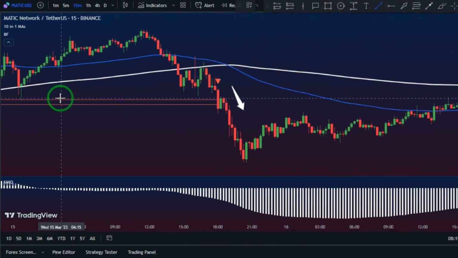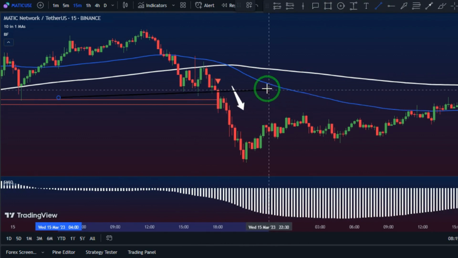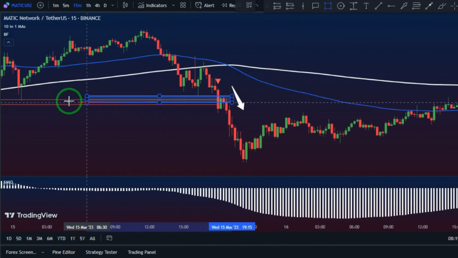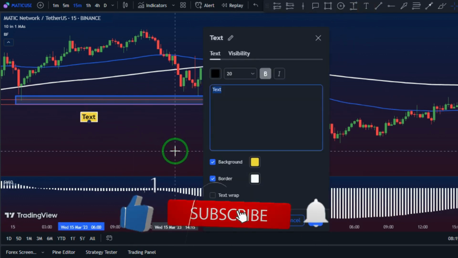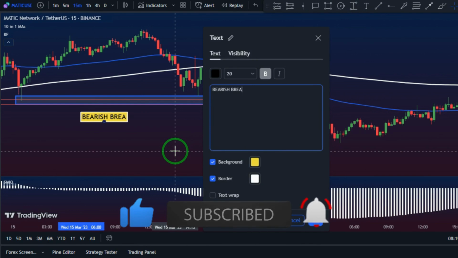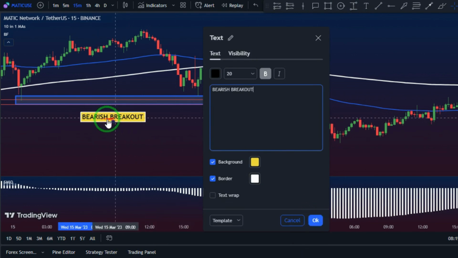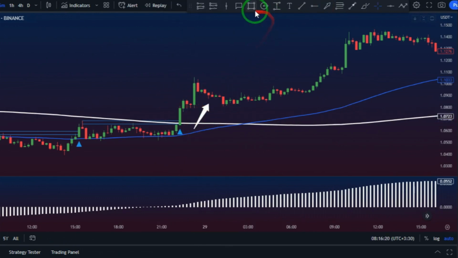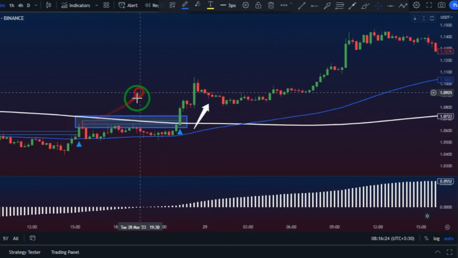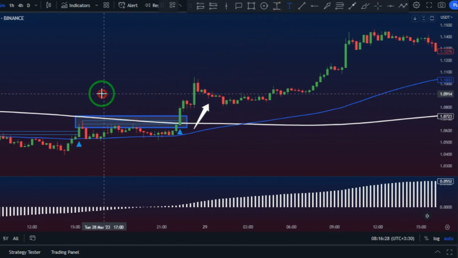For example, in this sample, the support zone is marked by the indicator and a sell signal gets generated after the breakout. Likewise, the resistance zone also gets marked and a buy signal gets generated after the breakout.